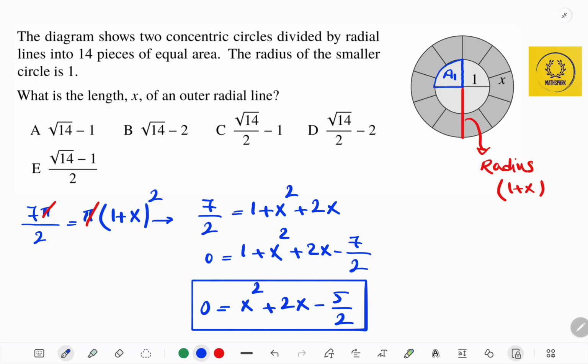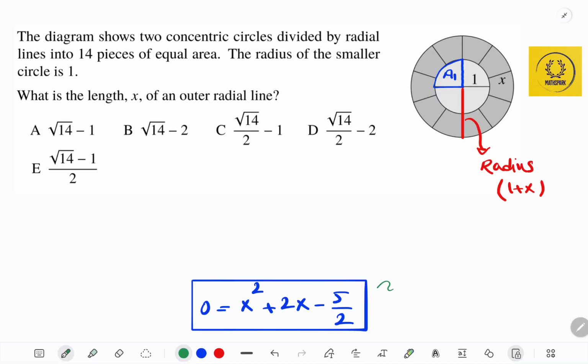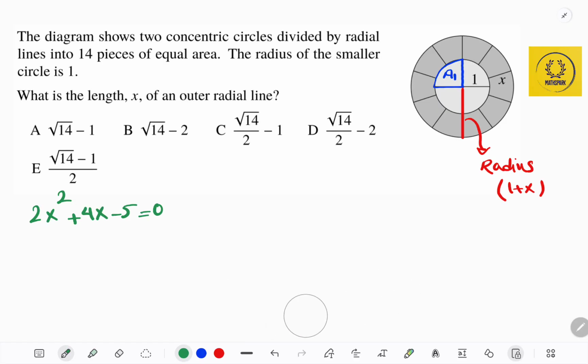This is a quadratic equation. There are different strategies to solve it, but I'm going to use the quadratic formula. First of all, I'm going to multiply both sides of the equation by 2 to get rid of the fraction. So x squared times 2 is 2x squared, 2 times 2x is 4x, and negative 5 halves times 2 is negative 5, equals 0.